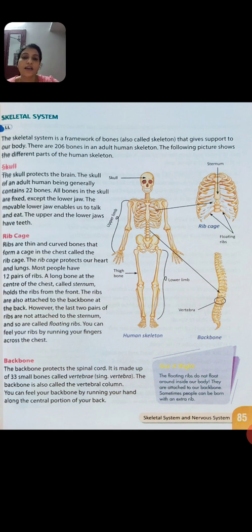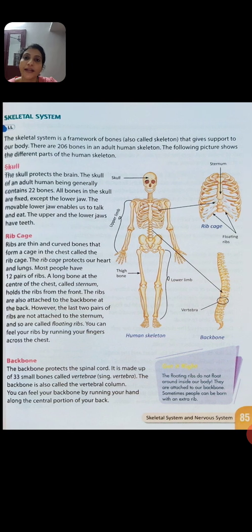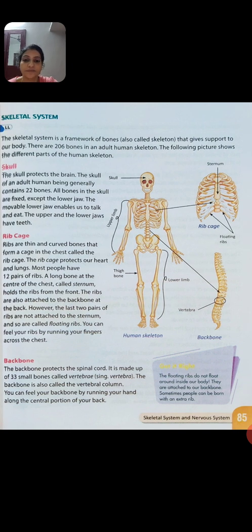The ribs are also attached to the backbone at the back. However, the last two pairs of ribs are not attached to the sternum and so are called floating ribs.